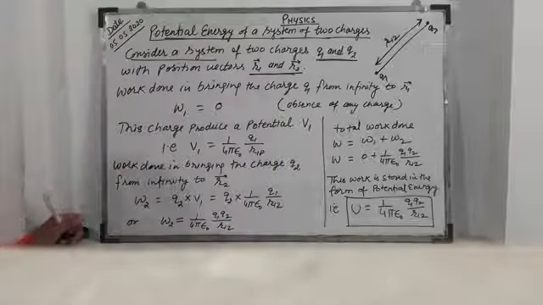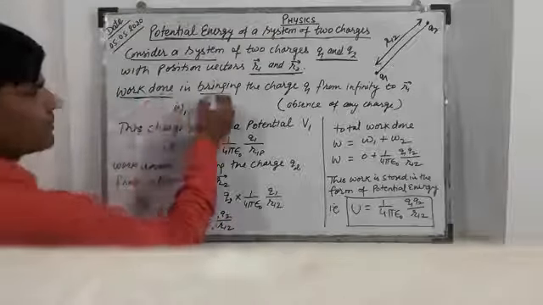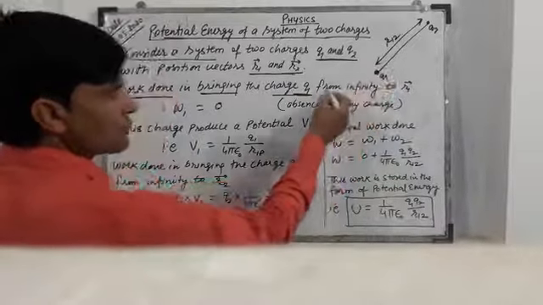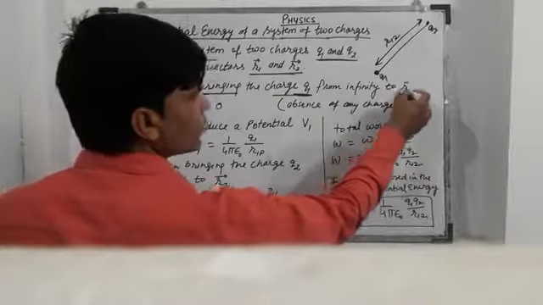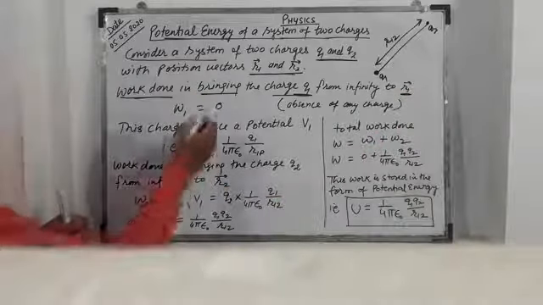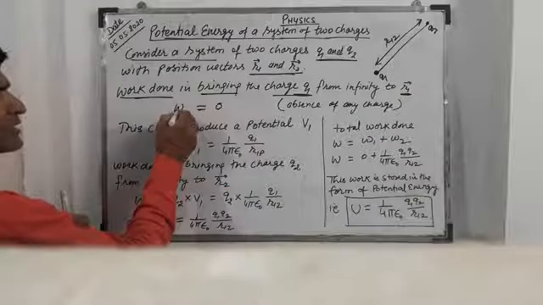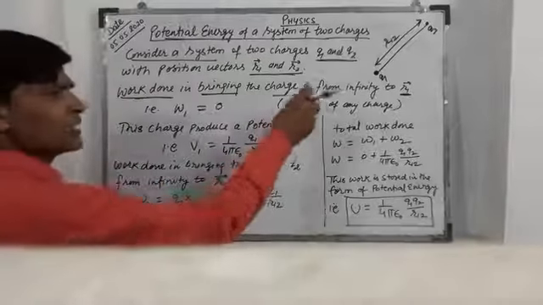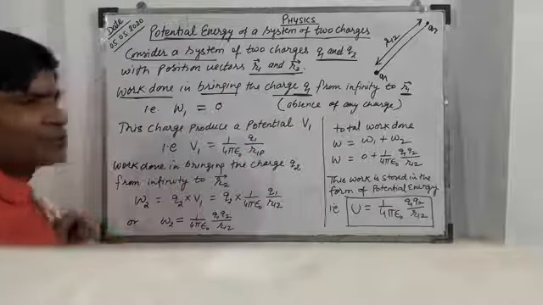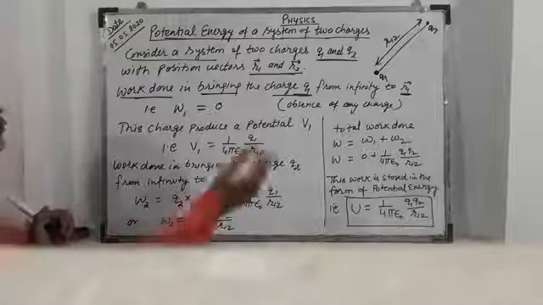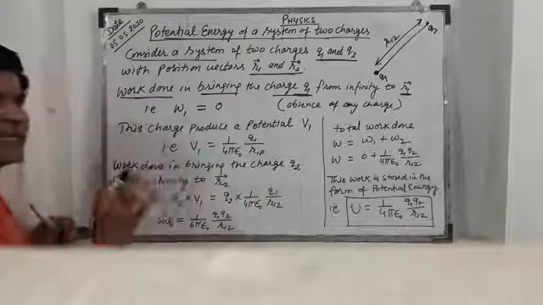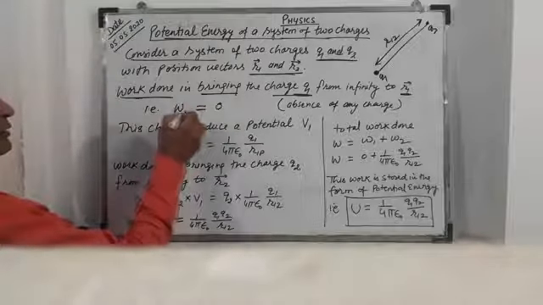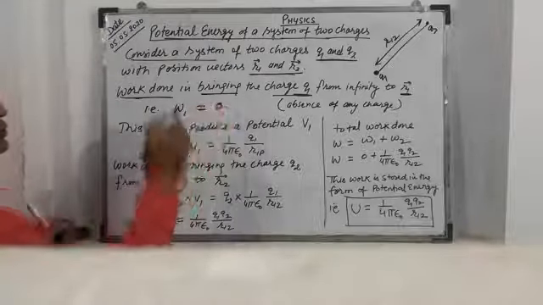First of all, work done in bringing the charge Q1 from infinity to position R1 is 0. That is W1 equal to 0, because there is the absence of any charge, and in the absence of any charge there is no need to do work. So work done W1 equal to 0.